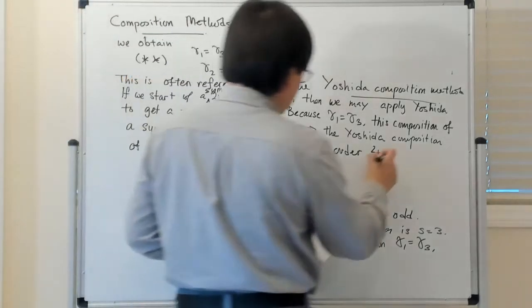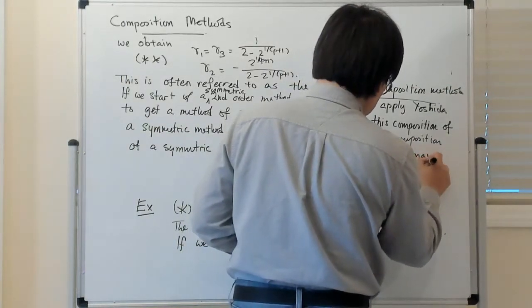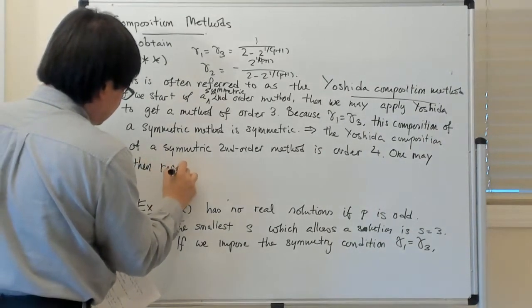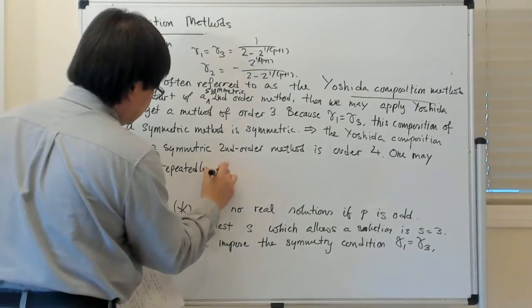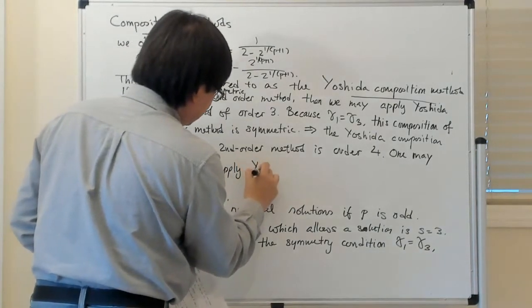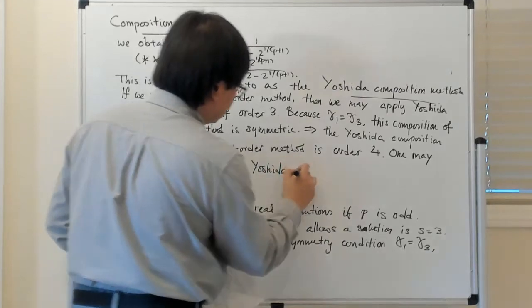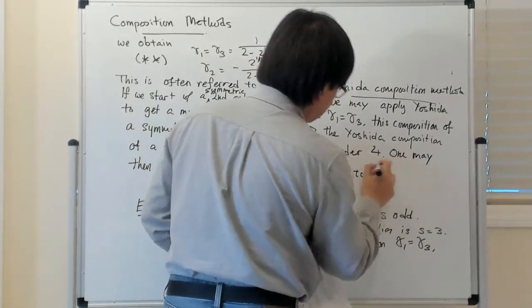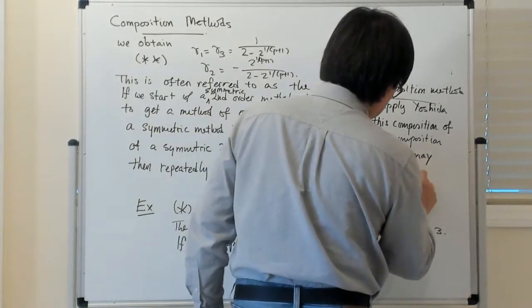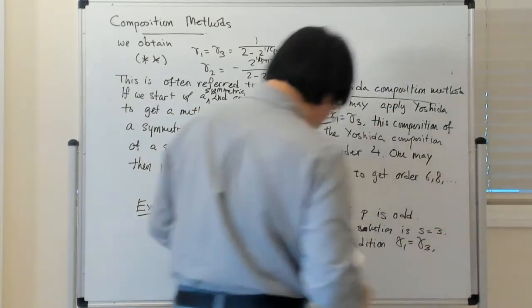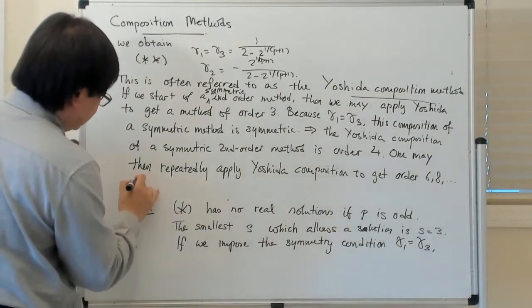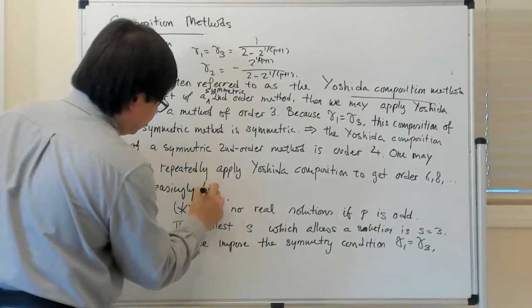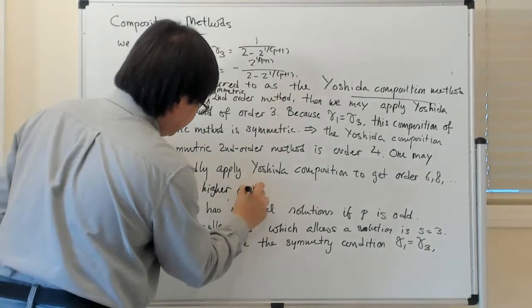One may then repeatedly apply Yoshida composition to get order 6, 8, and so on, increasingly higher order. So that's kind of interesting.